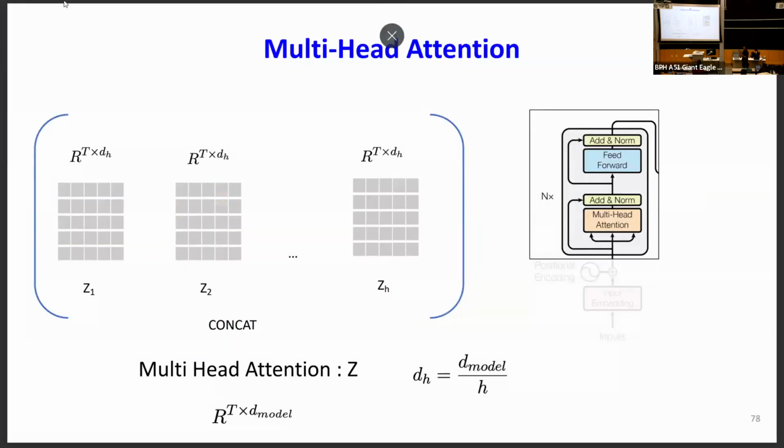And eventually, when you have each attention value that you get, you merge them together. You concatenate them together. And your final multi-head attention again comes back to T times D model, which was the case in your single head attention as well. So in this particular implementation, you maintain the attention parameters across implementations.